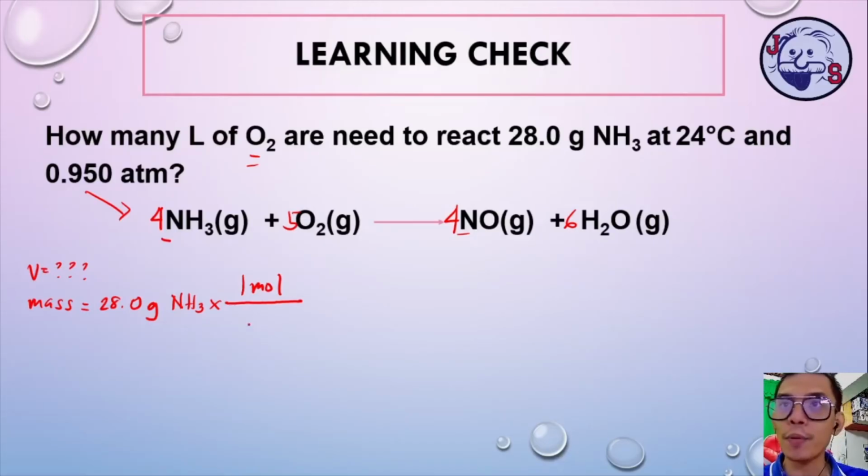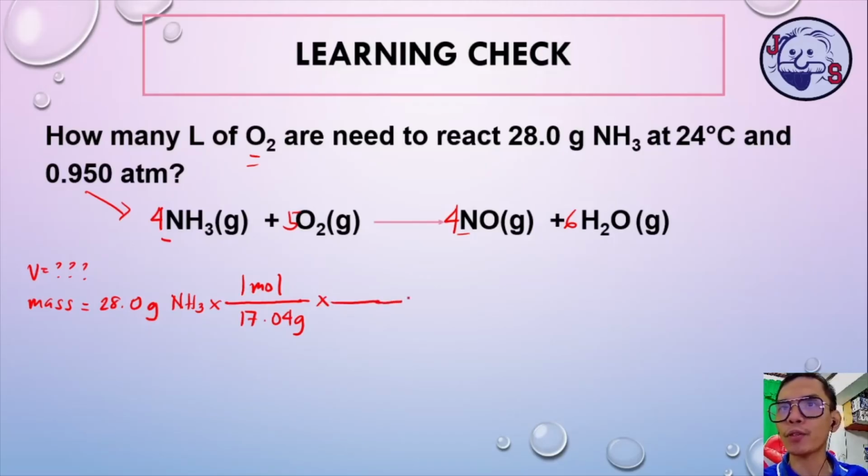So we have 17.04 grams. 17.04 grams is the molar mass of the ammonia that we have right there.